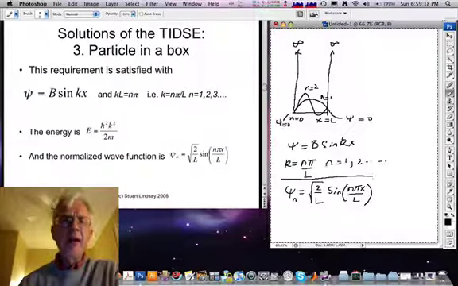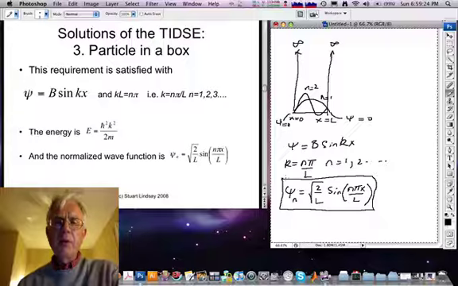So these are the allowed states of the electron in the box, or the particle in the box. These are called the eigenstates, with the wave functions being the corresponding eigenfunctions.